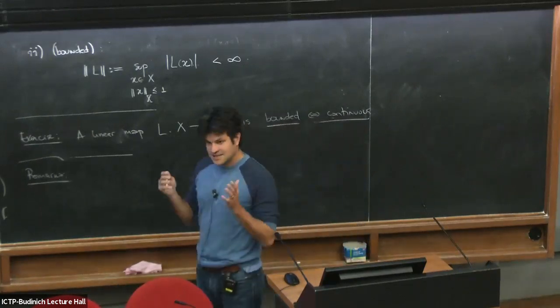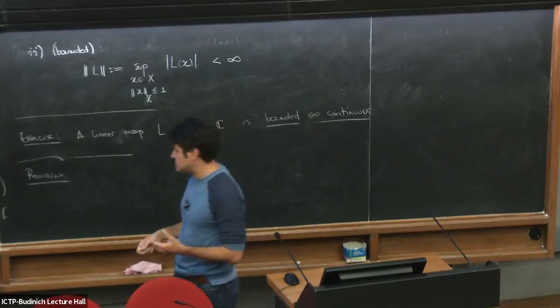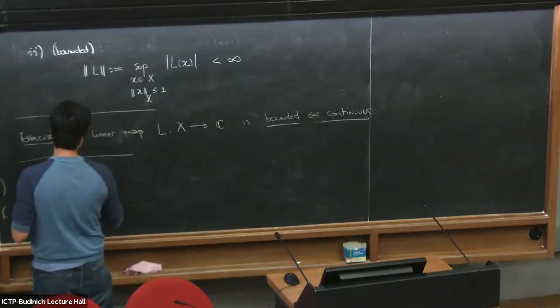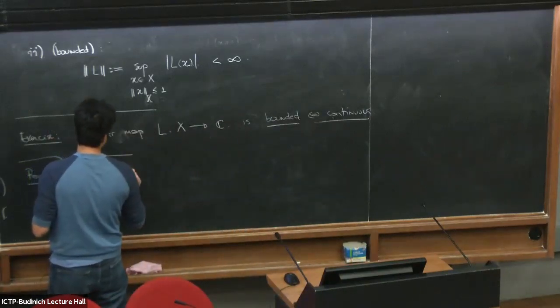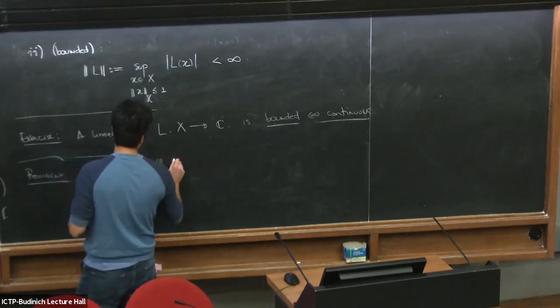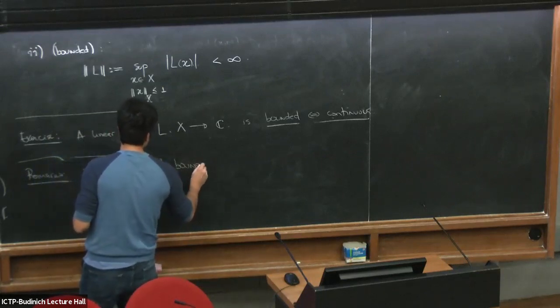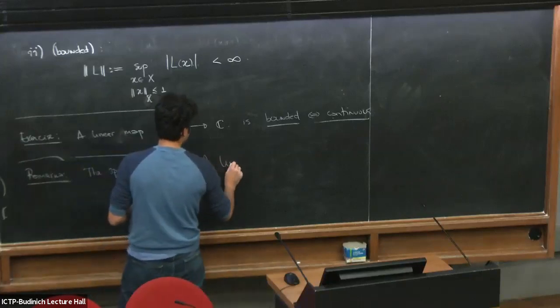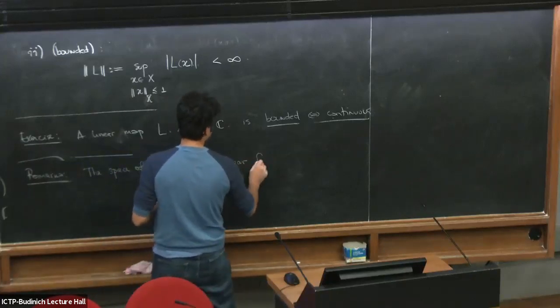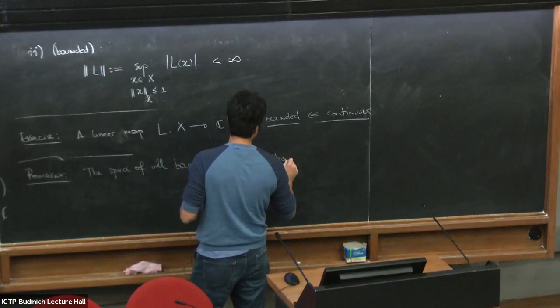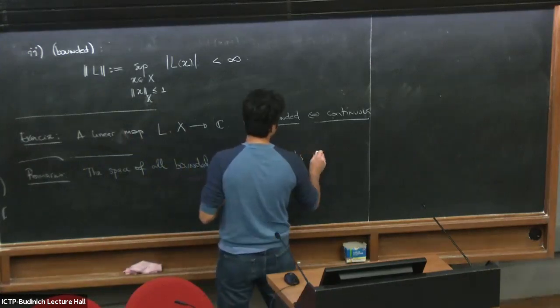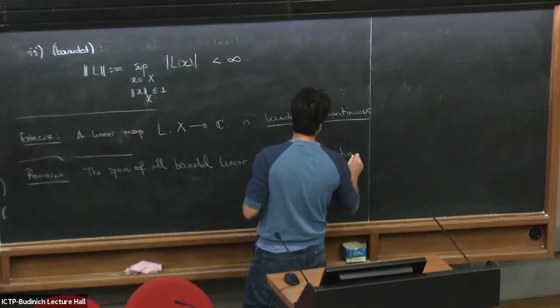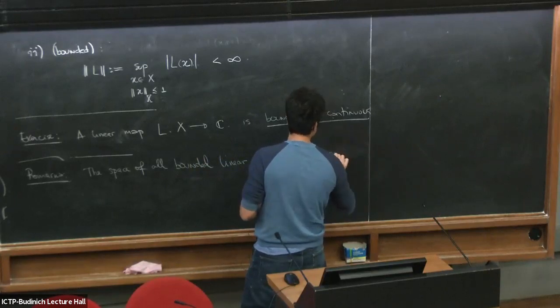So the space of all bounded linear functionals is actually a vector space.